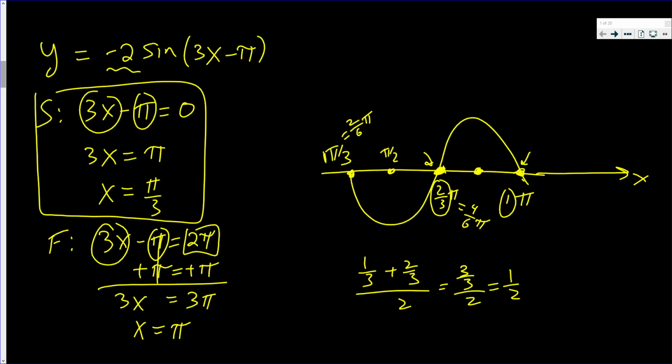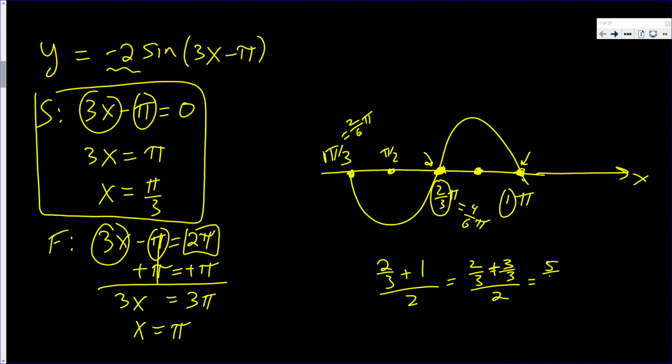What's in between 2/3 pi and 1 pi? That is, what's in between 2/3 and 1? One way of doing it is to add them up and divide by 2. 1 is 3/3. So you get 5/3 over 2, which is 5 over 6.